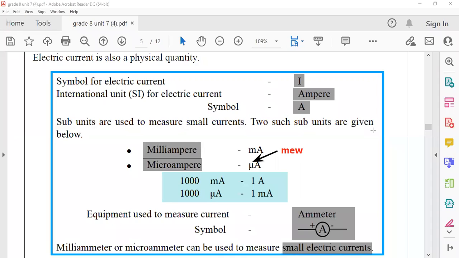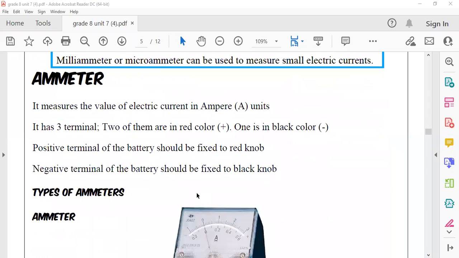If the electric current is bigger, then you can use ammeter. If the current is smaller, then only you have to use the milliammeter or microammeter. Have you marked the mu? Yes, sir.